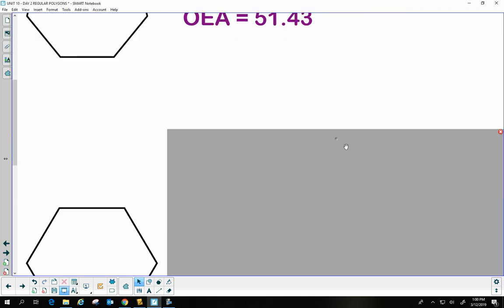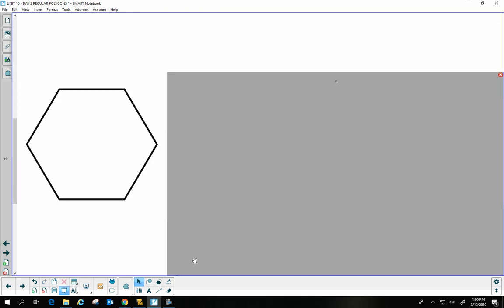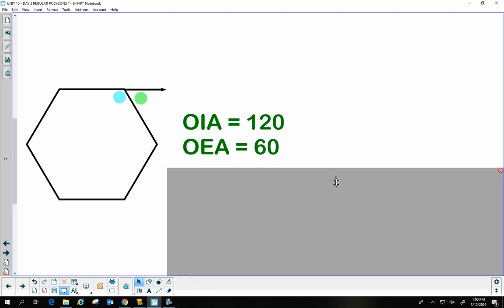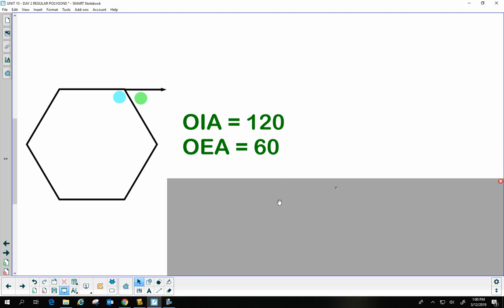So again, with my hexagon, if I were to draw an exterior angle, again, doing my best to make that a straight line, my interior and my exterior are a linear pair. So if I know one, I know the other. One of them was 120, one is 60. So all that is to say that if I know an interior angle, I could just subtract it from 180 to find the exterior.